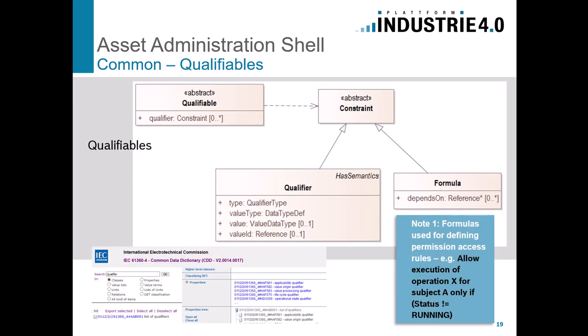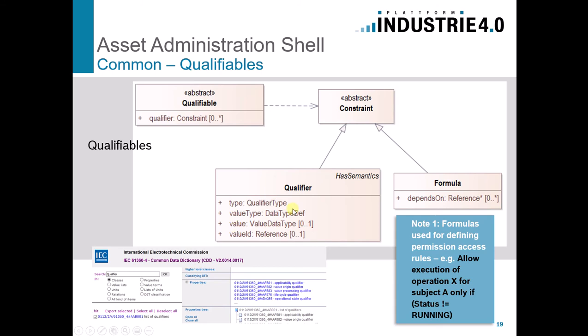Another important concept is qualifiables. Here you see that a qualifiable has a constraint, and that might be a qualifier or a formula. A qualifier is, again, a pair, although it's not looking like a pair, but the most important attribute is a value.